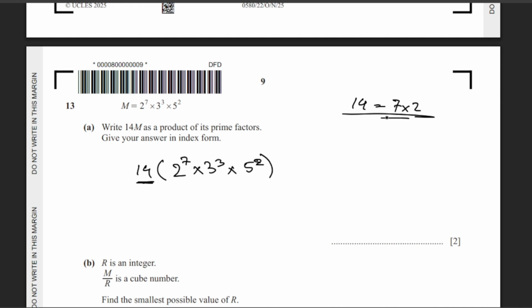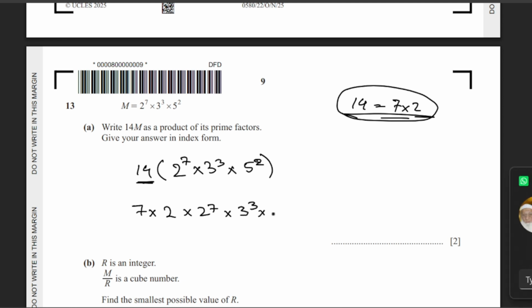Now, since 14 equals 7 times 2, we can just write that in here: 7 times 2 times 2 to the power of 7 times 3 to the power of 3 times 5 to the power of 2.